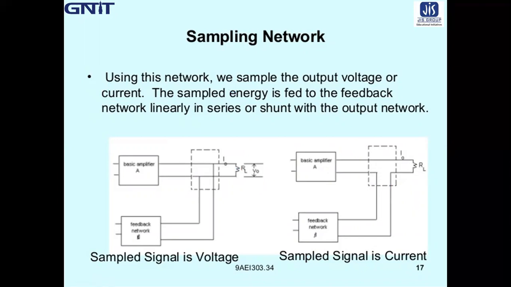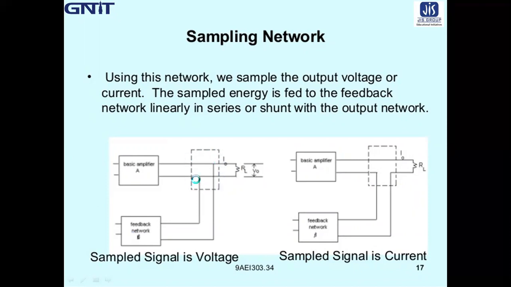So if the output voltage is sampled by connecting the feedback network in shunt across the output, then voltage sampling occurs. In the first figure, see the output signal or output voltage is sampled, connecting the feedback network in parallel.